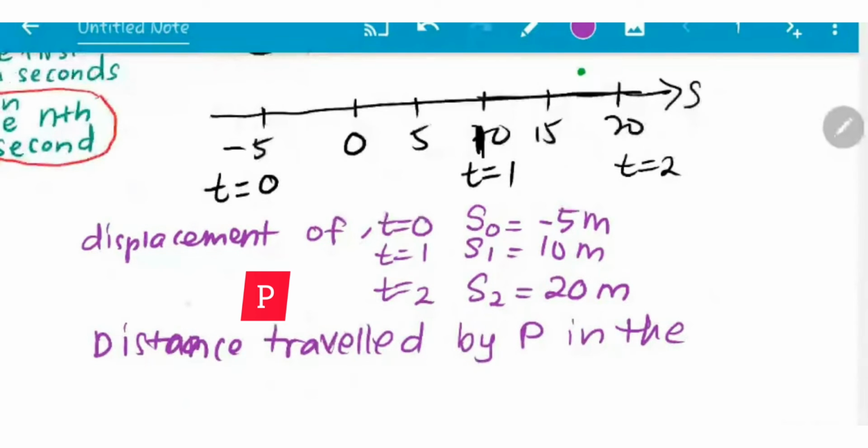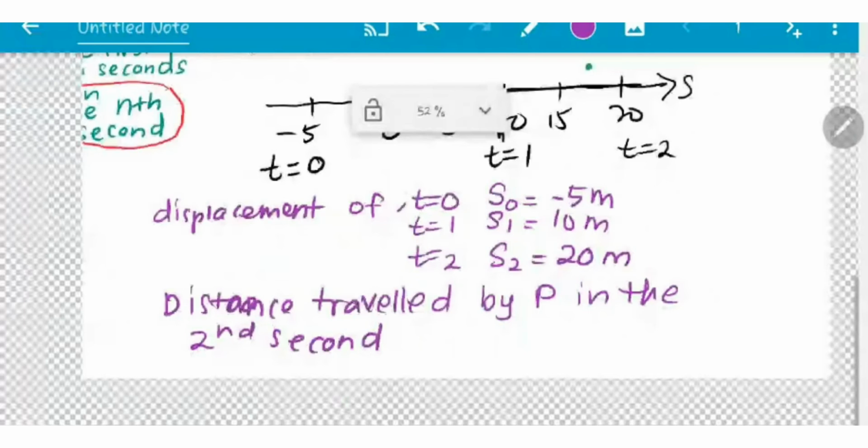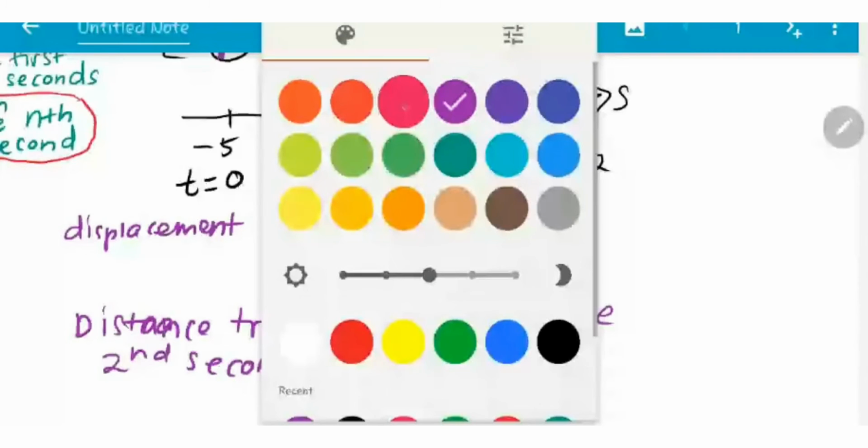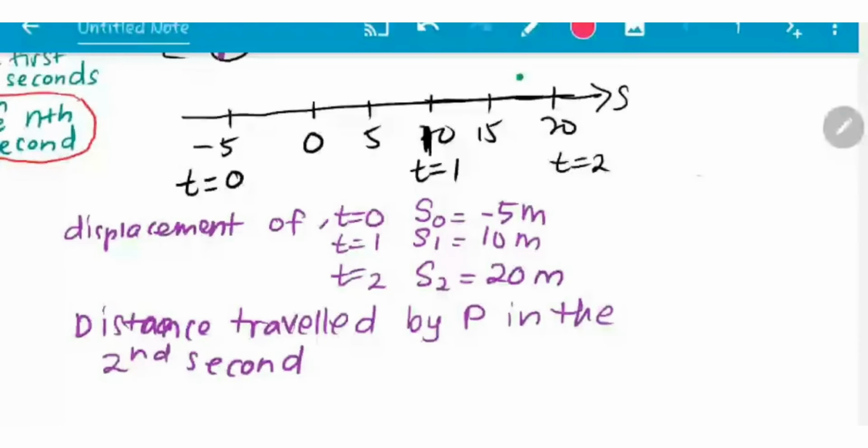In the second. Dia dari mana pergi ke mana? 5 lah teacher. Dari mana ke mana? In the second.